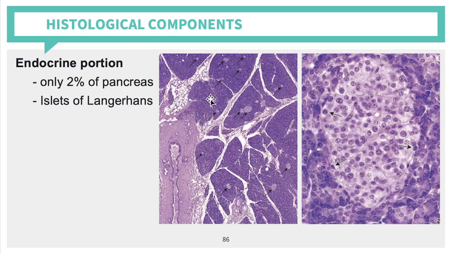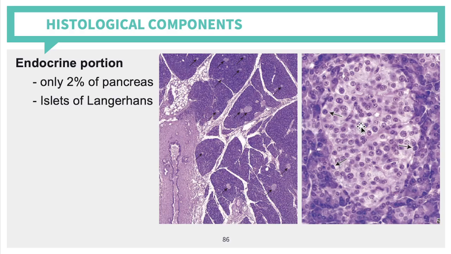In this routine H&E preparation, it is difficult to identify specific islet cell types without a special stain. Remember, your islets of Langerhans are composed of different cells, but the different cells here cannot be distinguished. Hindi natin ma-identify whether that is alpha cells, beta cells, or delta cells, because you need a special stain.